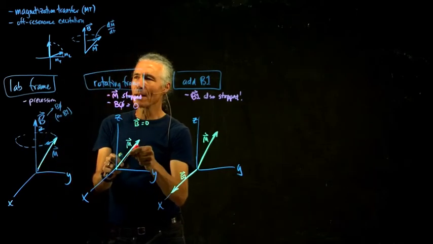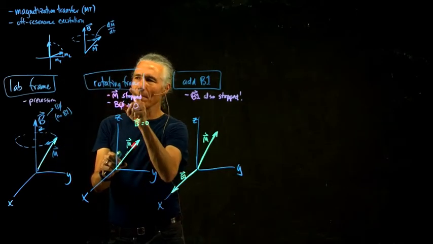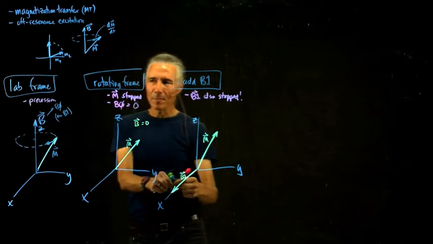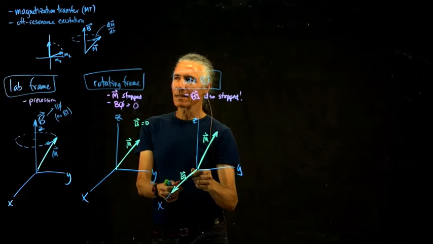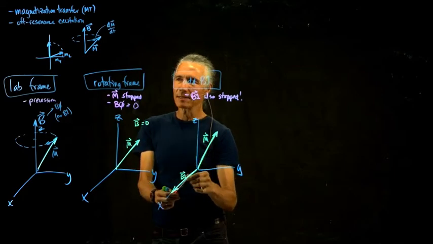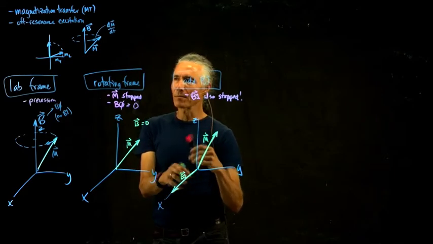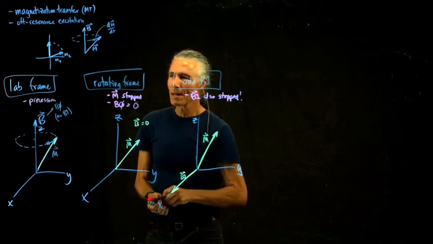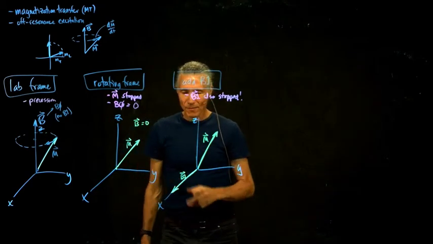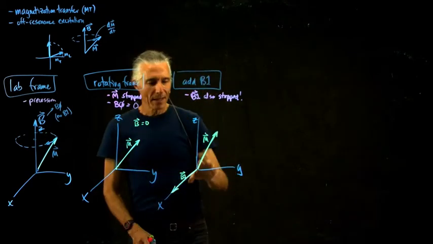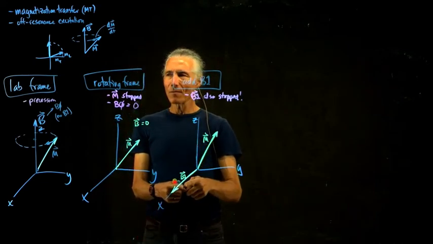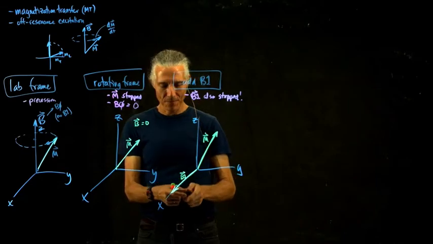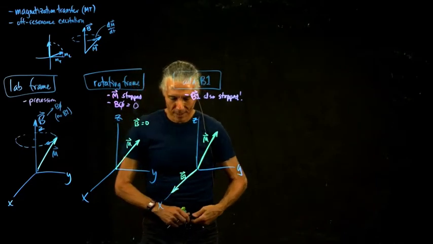Now we stopped the M when we went to the rotating frame, but we also stopped the B, assuming that we did an on-resonance excitation. So the M is stopped, the B is stopped. In real life, they're both whipping around really fast, but now they're stopped. But now we can consider a flip as if we were causing the M to precess around the B1 field. And so what does that look like?